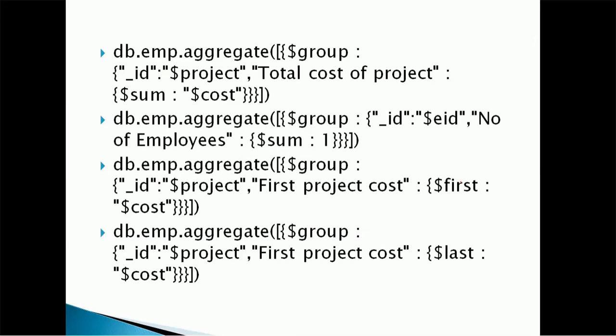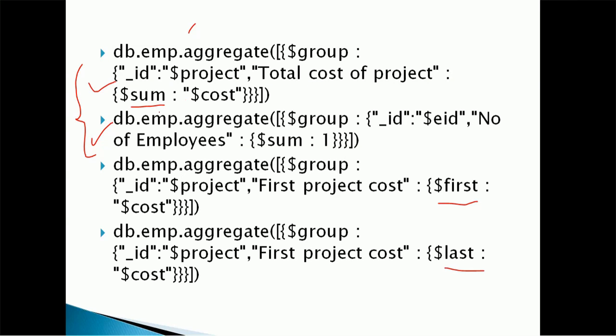Now I'm going to demonstrate the execution of these queries. Here we are using some aggregate functions. MongoDB aggregation supports sum, and again you have first, last. One important difference I want to show you, that's why I have added this query.